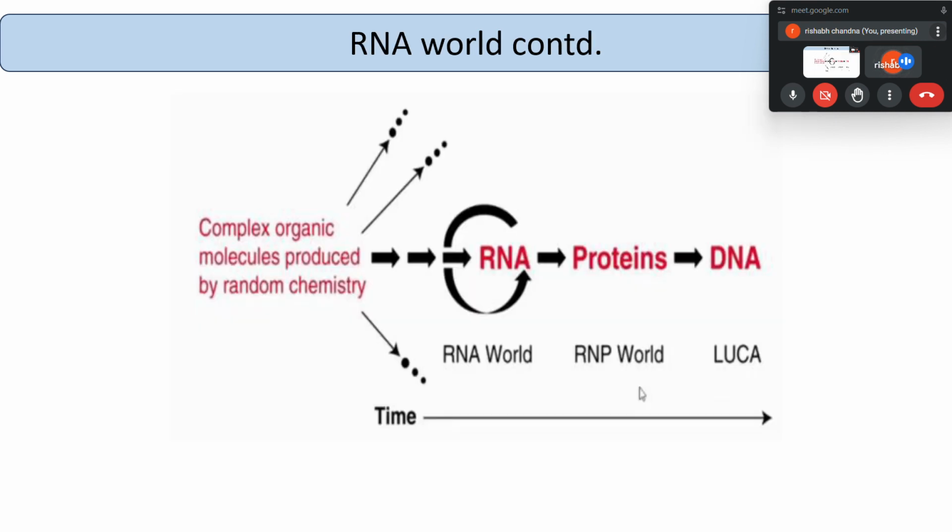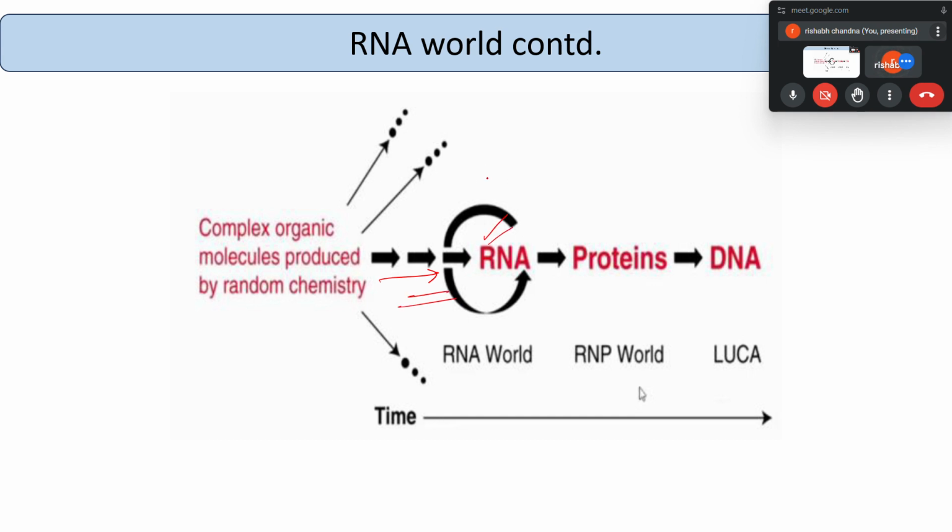So, what is basically the RNA world? That means during the explosion, complex organic molecules were produced by various reactions due to temperature, shock, and the different gases present at that time, followed by the origin of RNA.